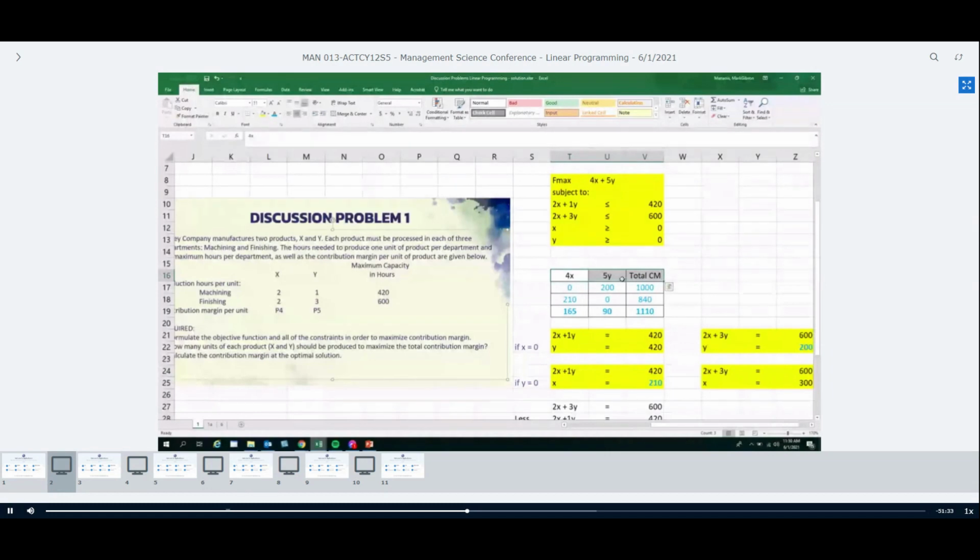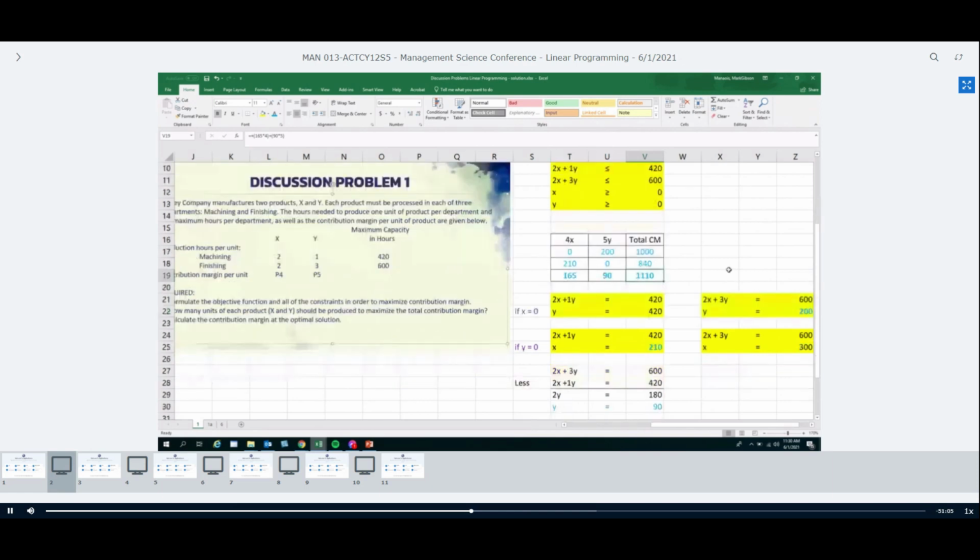So, remember, our objective function is to maximize total contribution margin. So, we have two products, X and Y. Ito yung contribution margin per unit natin. Inaalam lang natin dito is how many units ba to produce to get the maximum contribution margin. Okay?